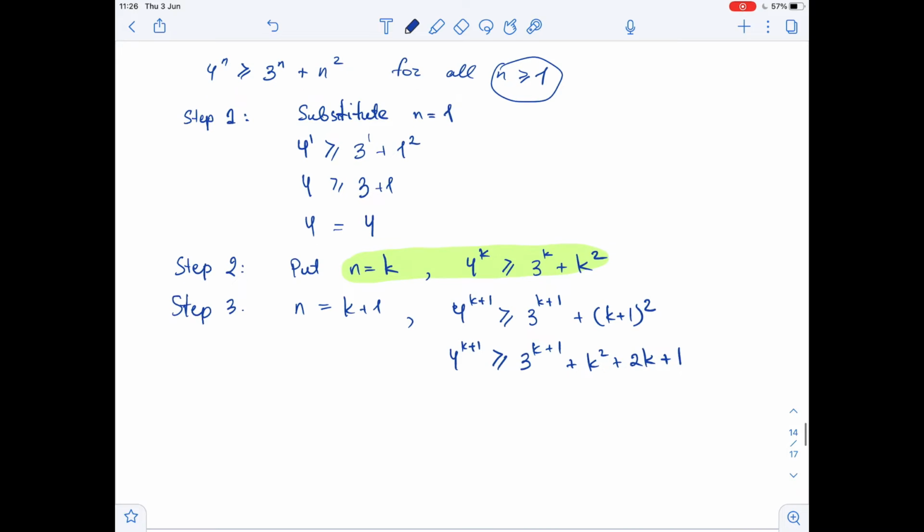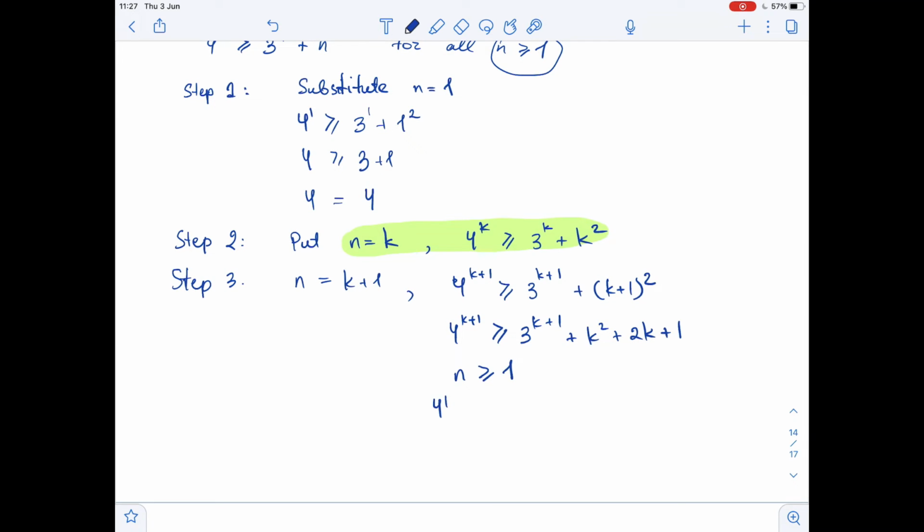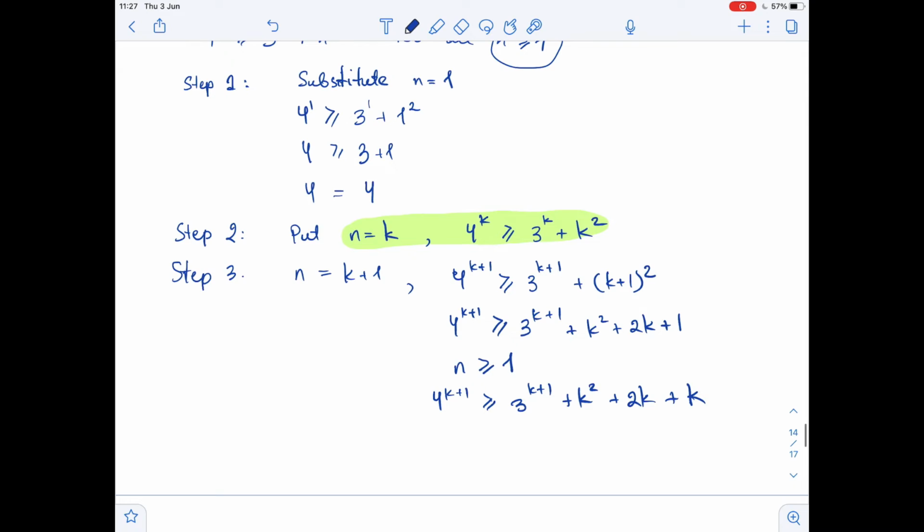From the very beginning, we know that n needs to be greater than or equal to 1, and that means that 4 to the power of k plus 1 is greater than or equal to 3 to the power of k plus 1 plus k squared plus 2k plus k. Great, so 2k plus k is just 3k, so we have 4 to the power of k plus 1 is greater than or equal to 3 to the power of k plus 1 plus k squared plus 3k.